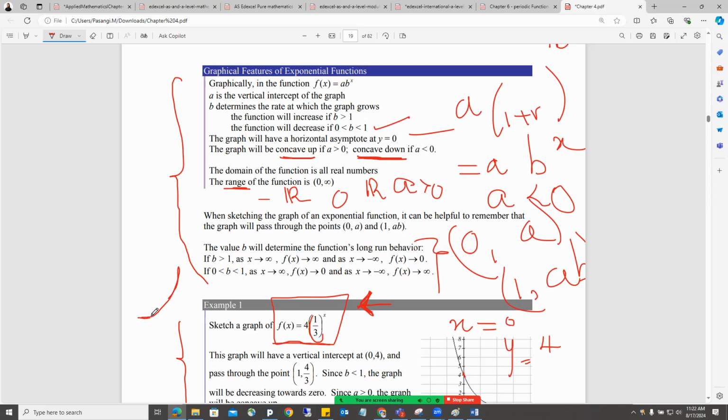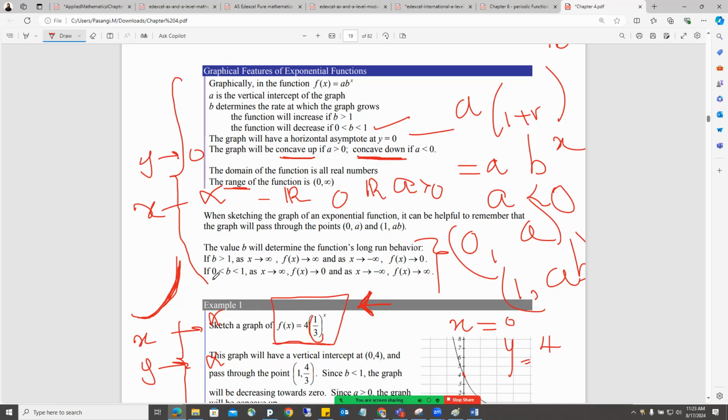If the b value is greater than 1, then we have an increasing function. Increasing function means the function looks like this. When x goes to positive infinity, the y value goes to positive infinity. When x goes to negative infinity, the y values are getting much closer to 0.